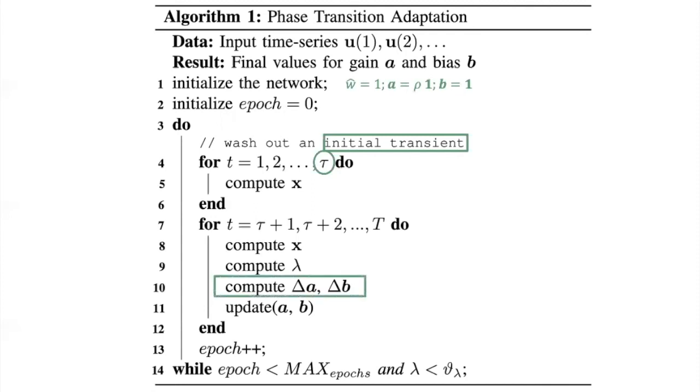And the procedure is iterated until a maximum number of epochs is reached, indicated as max epoch, or until the value of lambda becomes greater than a tolerance threshold indicated by theta lambda. This value is in particular used in order to control the proximity to the edge of stability.